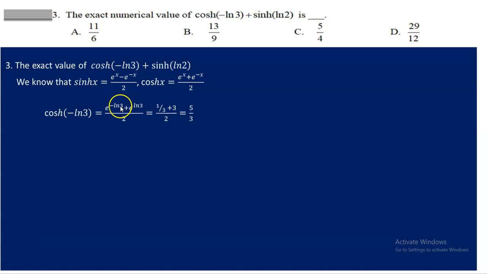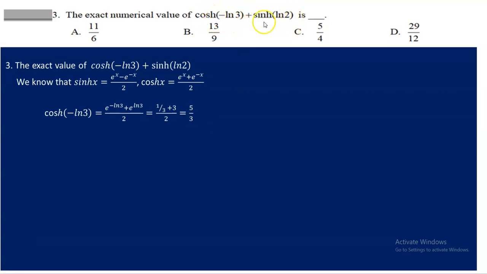You see, 3 to the power of minus 1 is 1 over 3, so e to the power of ln 1 over 3 is 1 over 3, and e to the power of ln 3 is 3, because ln is the logarithm to the base e, so the number you have here comes as it is. Then this has to be divided by 2. So 3 times 3 makes 9, 9 plus 1 is 10, 10 over 6, which is 5 over 3. So that is the first one, cos hyperbolic of negative ln 3.